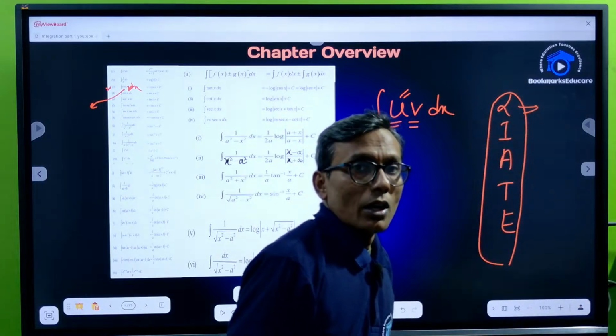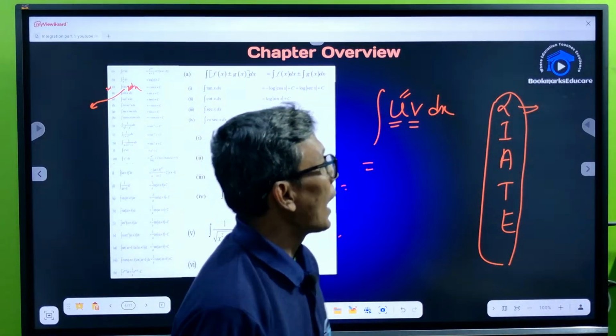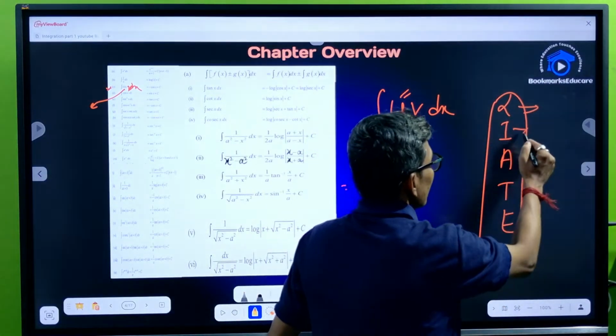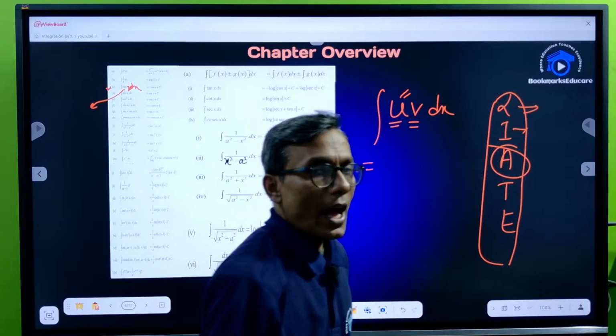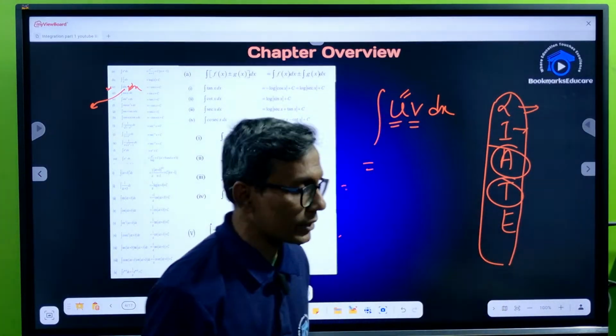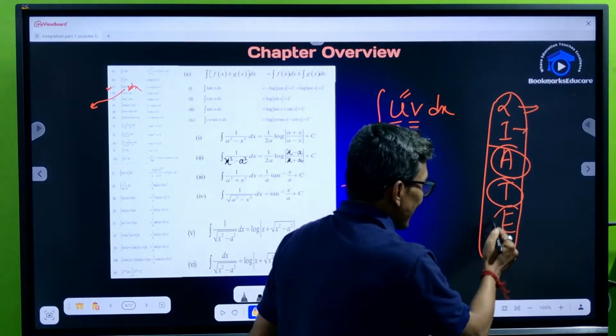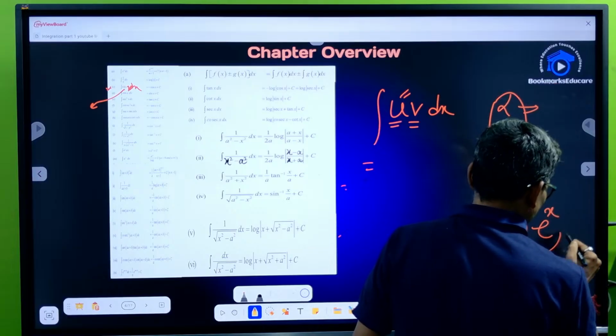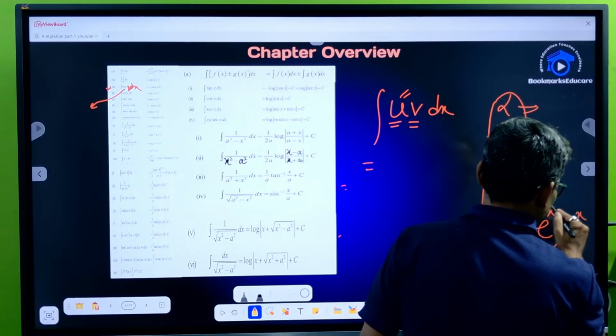L stands for logarithmic function, I stands for inverse trigonometric function, A stands for algebraic function, T stands for trigonometric function, and E stands for exponential function, that may be e to the power x or a to the power x, whatever it may be.